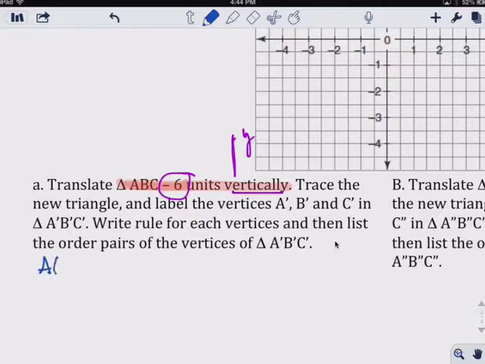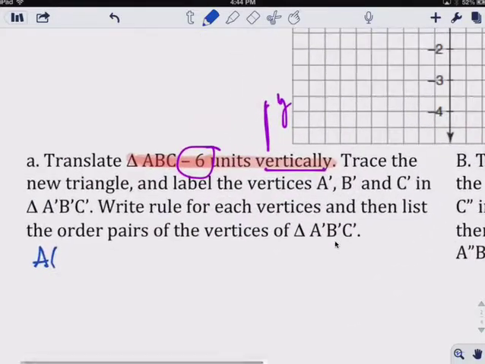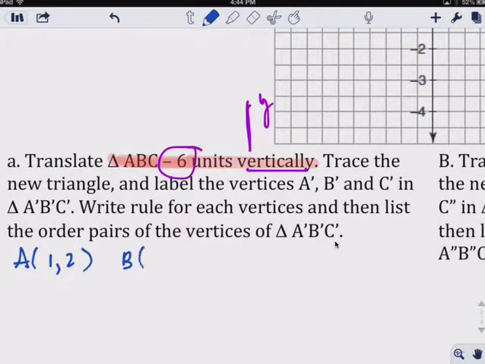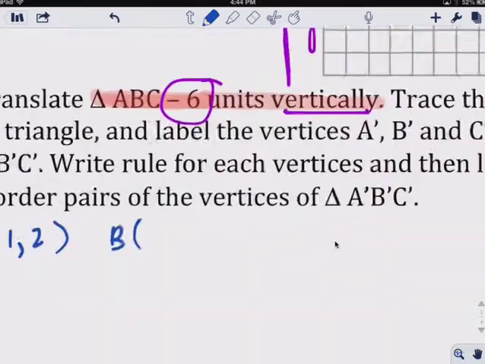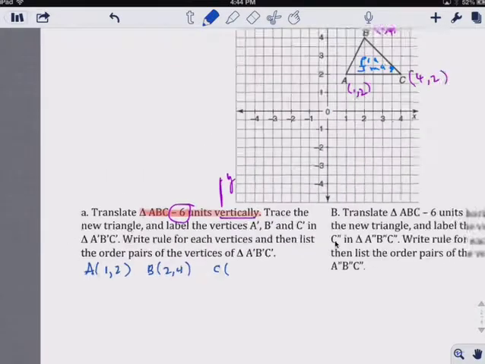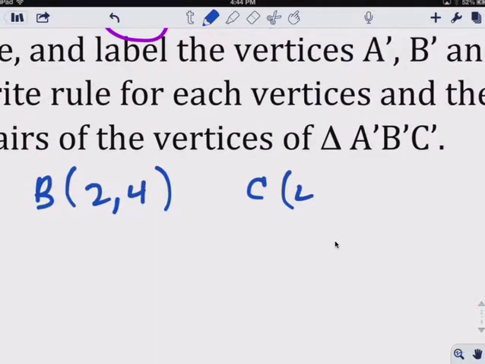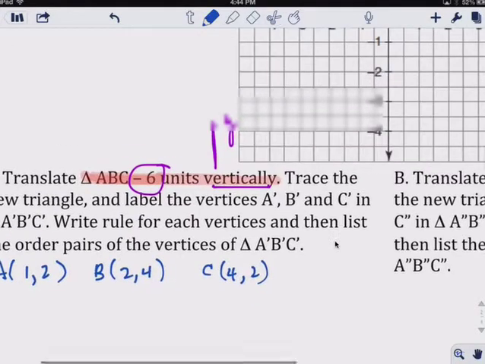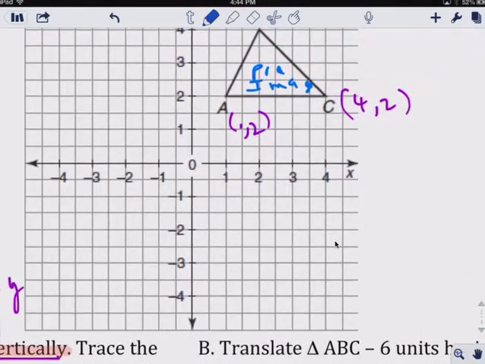Vertex A was 1, 2. Vertex B was 2, 4. And vertex C is 4, 2. Remember, these are called vertices.